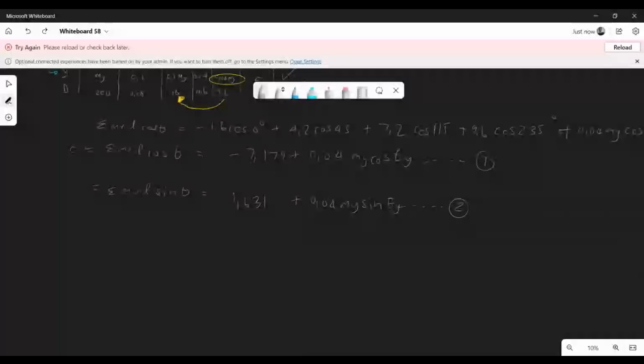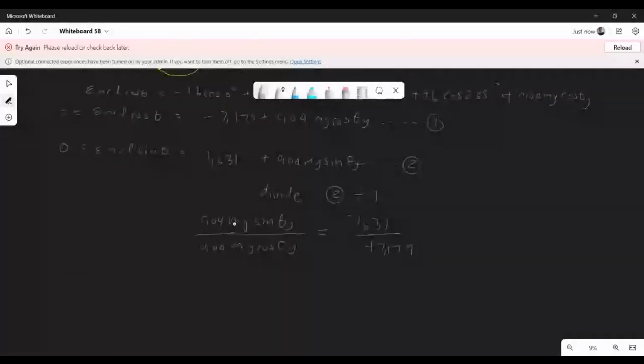So this will become minus 1.631 divided by minus 7.179. So that's plus, that's plus, that's plus. Dividing like that, I just carried over these values here.